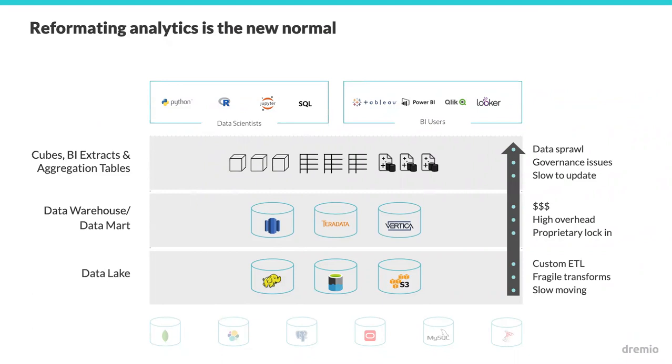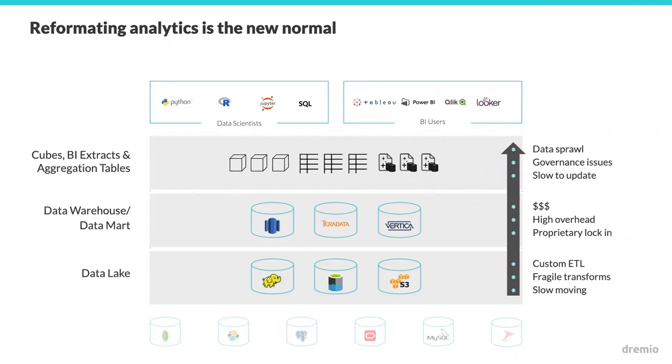Typically the way organizations then try to wrangle and manage this data is by moving some of it into data warehouses or data marts, such as Teradata or Vertica. Some of the disadvantages of this, though, are that first off, they're very expensive. There's a lot of overhead, and obviously these are proprietary. There's lock-in.